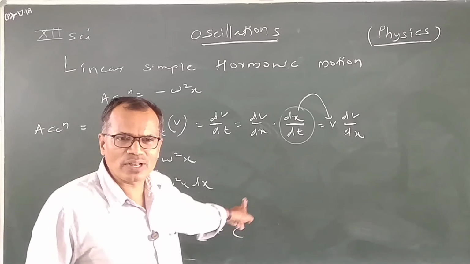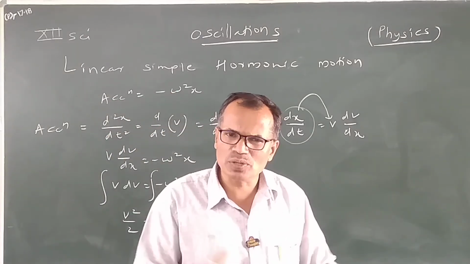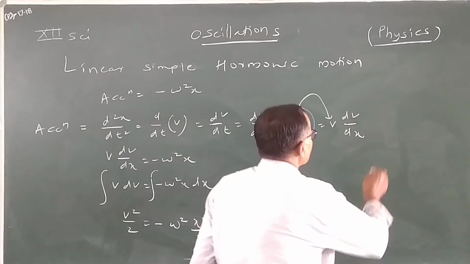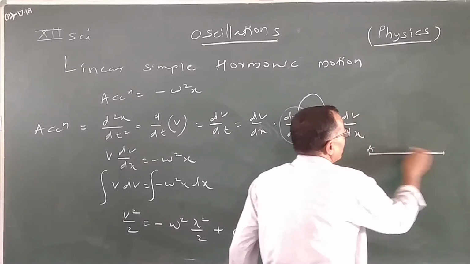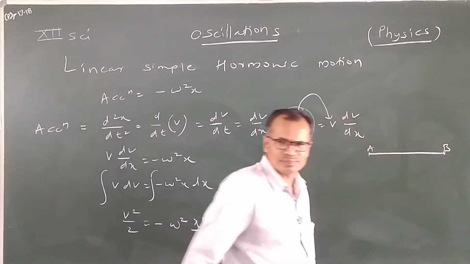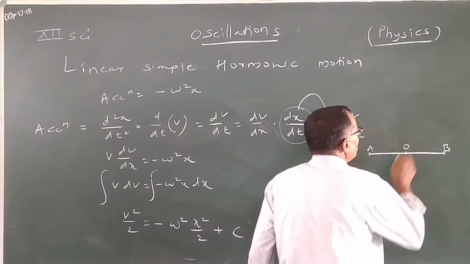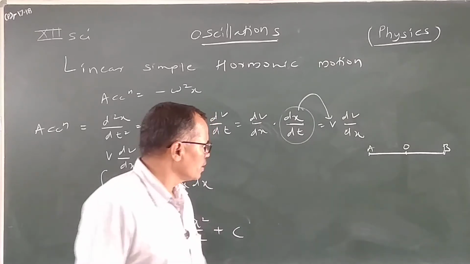Now we have to find out the value of the constant of integration c, and for that we have to again move towards the simple harmonic motion. Just as we have considered, A and B are the extreme positions, and O is called the mean position.